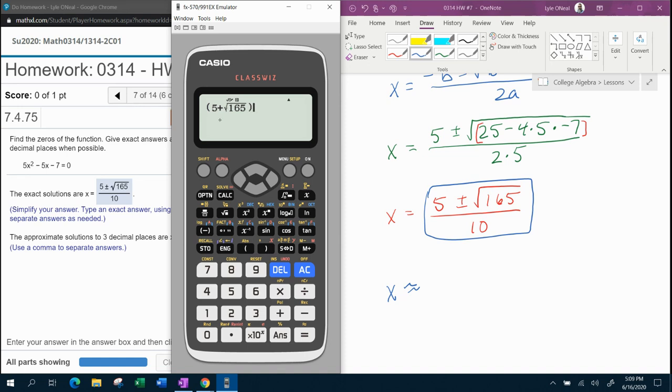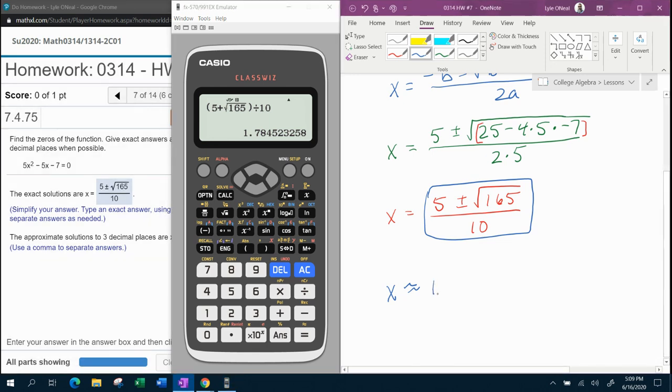I'm grouping the numerator in parentheses because when I hit divided by 10, I want to divide all of that stuff by 10, so you need to group it with parentheses. For my calculator, if you hit equal, it's just going to give you the fraction back because this calculator is amazing. If you want a decimal, you have to hit this SD button. Bam. Now, we need that to 3 decimal places.